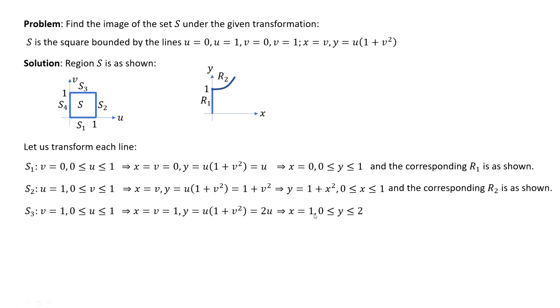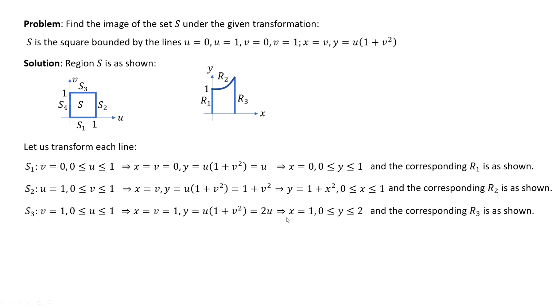So we have 0 less than or equal to y less than or equal to 2. So we have x equals 1. Do you know what x equals 1 is? Oh, it's a vertical line drawn at x equals 1. And what are the bounds on that? y should be between 0 and 2. So that gives you this R3.